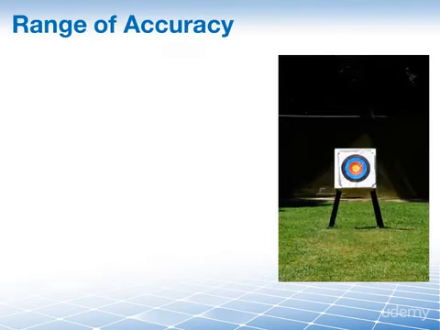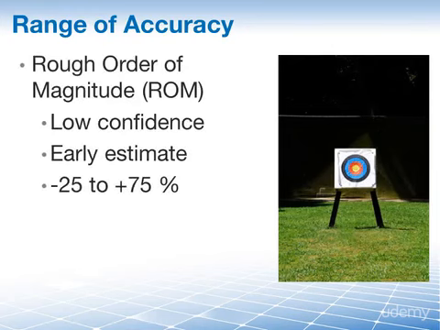The PMBOK guide differentiates between two ranges of accuracy. First of all, the rough order of magnitude, ROM. This is used when you have a low degree of confidence in your estimate, especially early on in the project life cycle. The PMBOK guide says that this is minus 25% to plus 25% in regards to the estimating range.